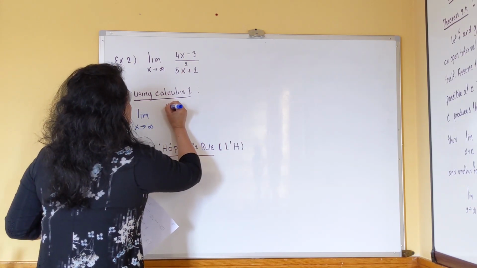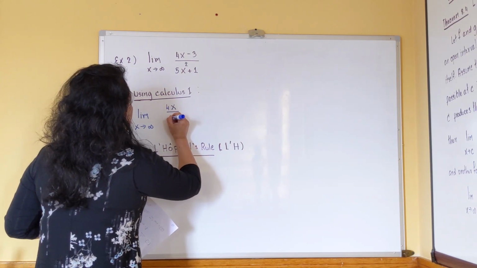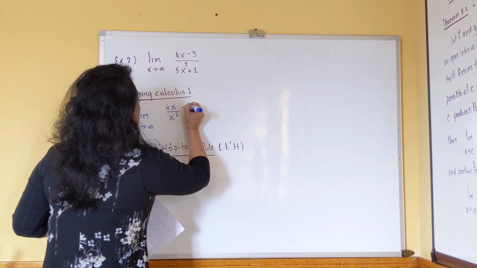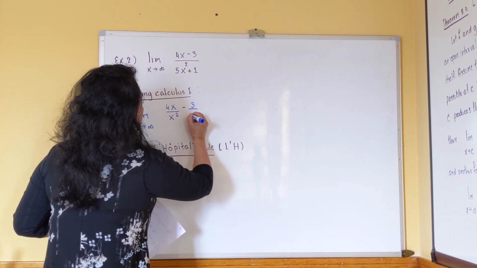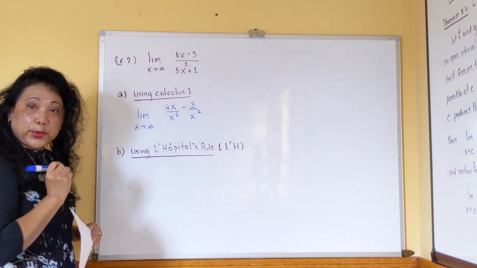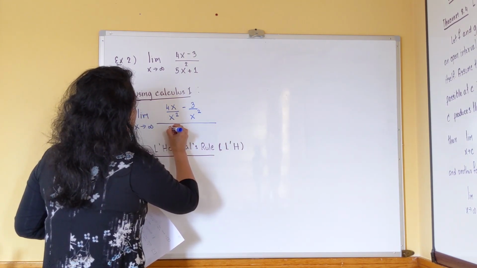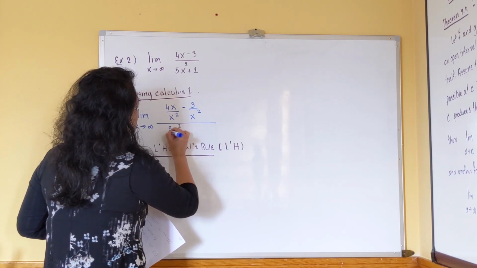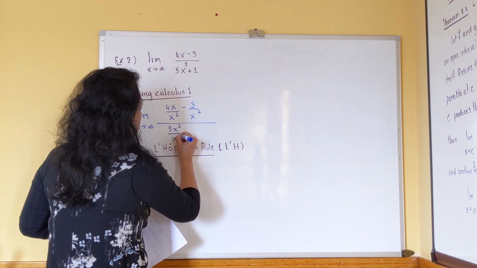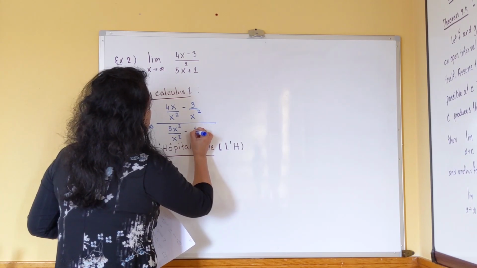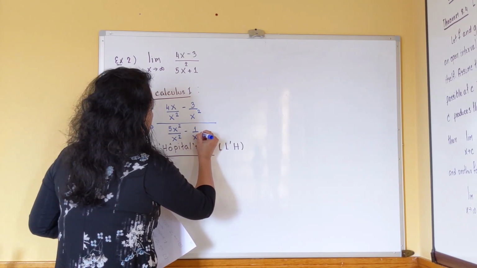So I would have 4x over x squared minus 3 over x squared for the numerator. On the denominator, I would have 5x squared over x squared minus 1 over x squared.